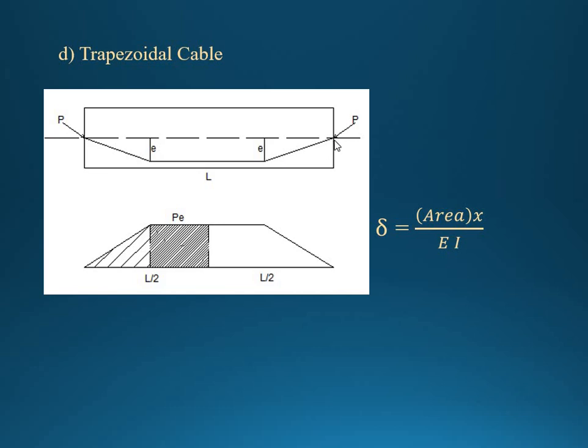Again, from here to here, it is linear variation. So for this trapezoidal cable, the bending moment will be in the shape of trapezoid itself. Here also we have considered half of the portion, that is exactly from the center towards left.